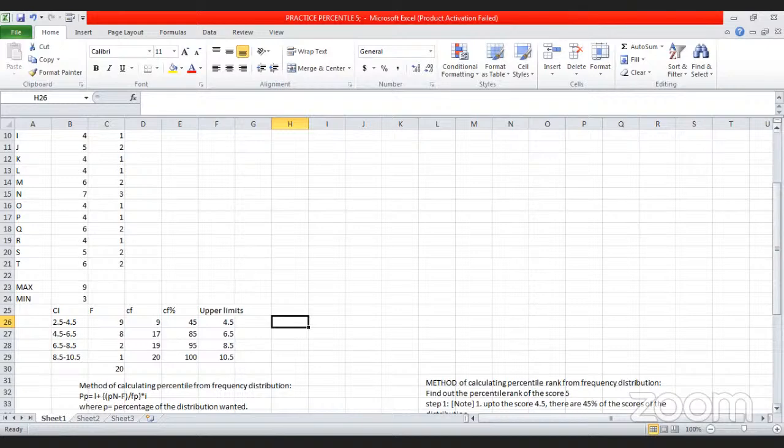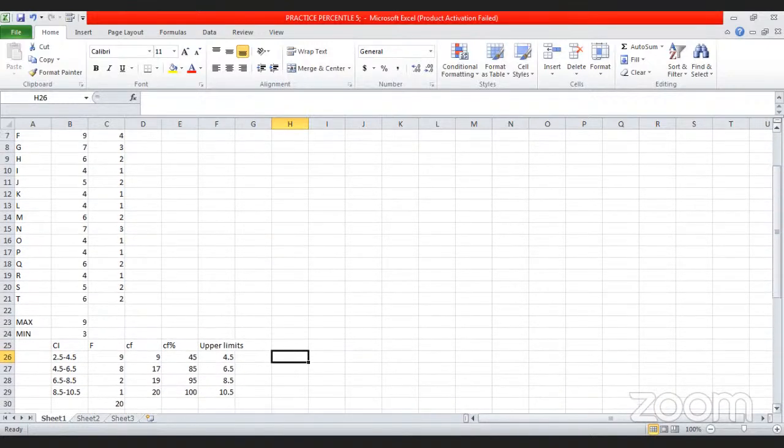Okay. Now you know that we can make an Ogive by the cumulative frequency distribution, where the x-axis corresponds to the upper limits of the class interval and the y-axis corresponds to the cumulative percentage. So now I will make the Ogive.